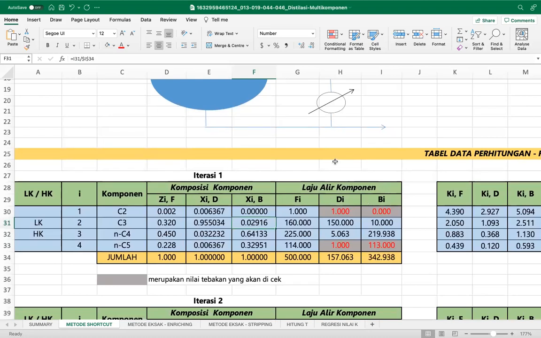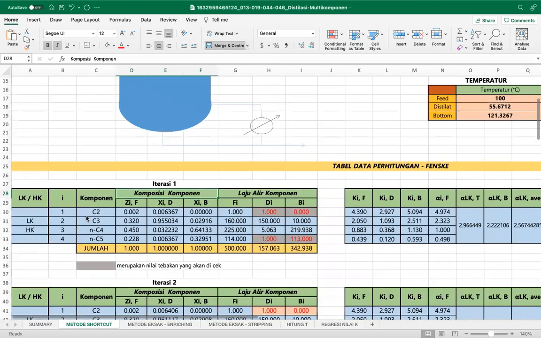So if you know how to make a presentable Excel, please do so, with centered text, for example, with bold, so that your Excel can be read by any other person, any other engineers.